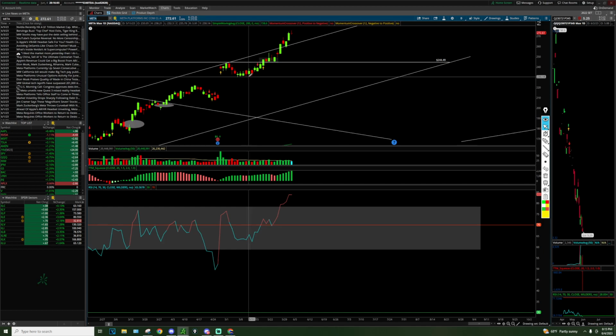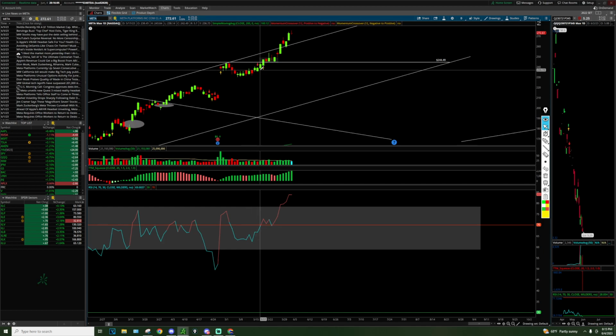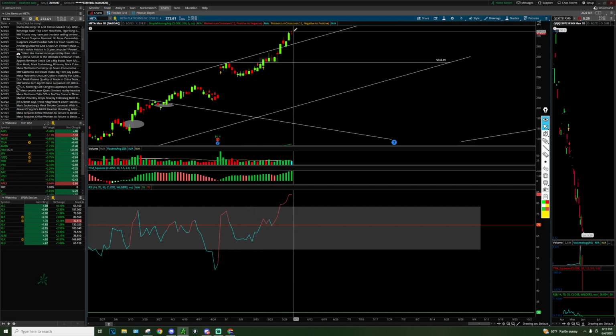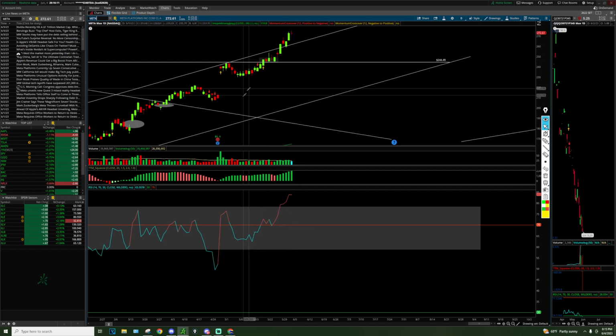And once Meta consolidated above its 70% RSI, what did it do? It went from 236 all the way to 274 right in front of our eyes, in the blink of an eye, because the RSI went there. So this is what I'm expecting to happen with Tesla and with Amazon and so forth. That's why we aren't shorting those, but we're shorting the other ones.